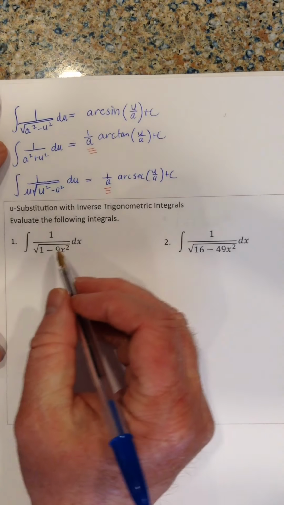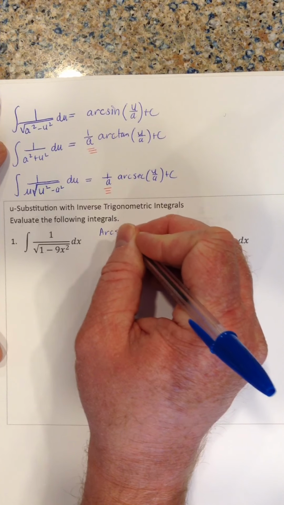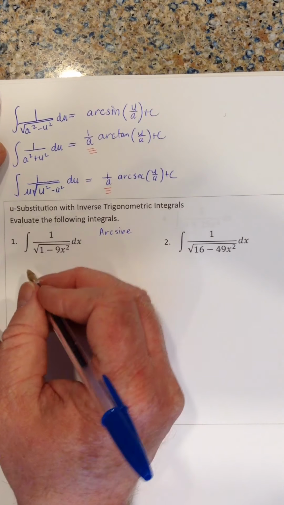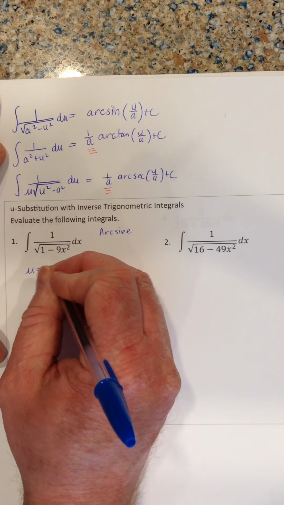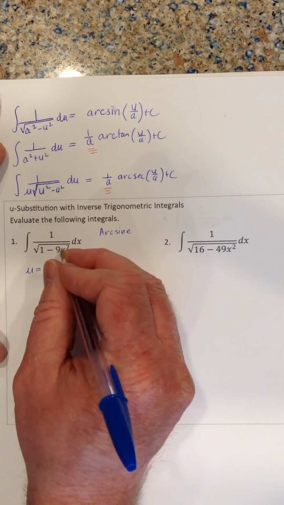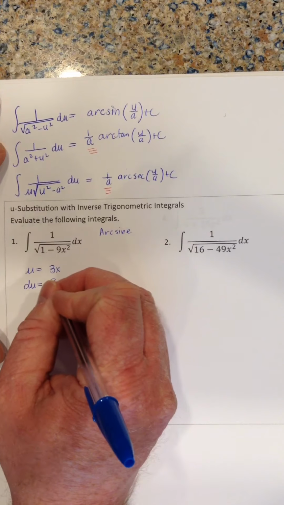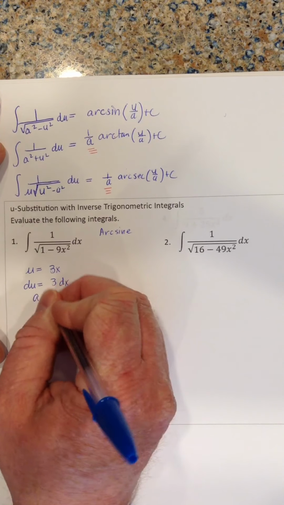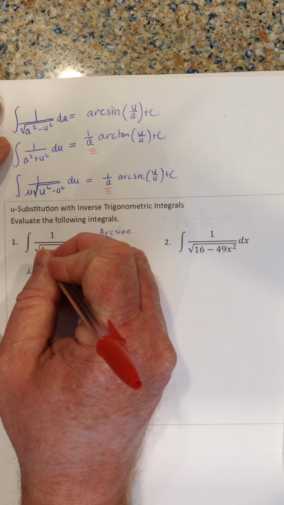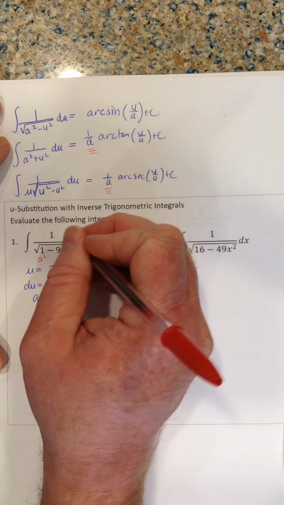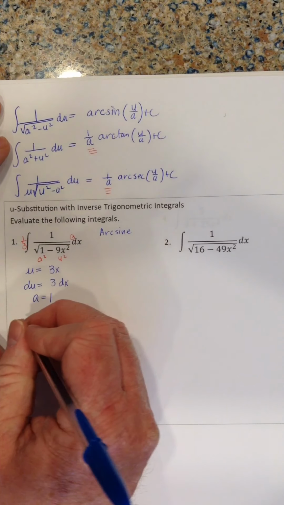Okay, so these two fit the arc sine function pattern. So I'm going to look for a u, and that's going to be 3x, because 3x squared is 9x squared. du is going to be 3 dx, and a would be 1. So 1 squared is a squared, that's u squared. I need a 3 and a 1/3 to make that work.